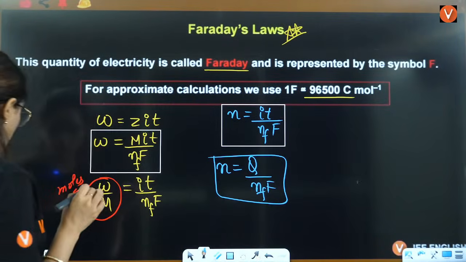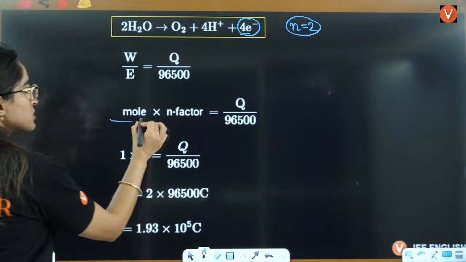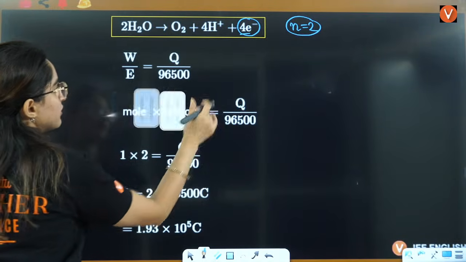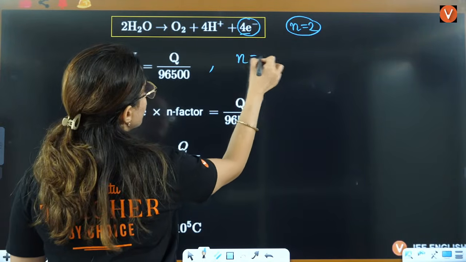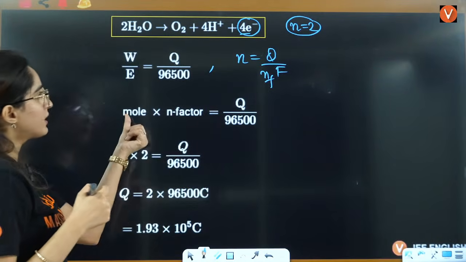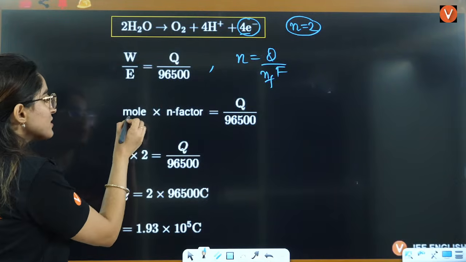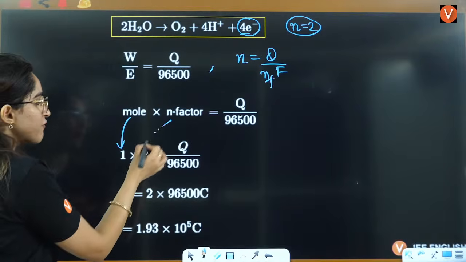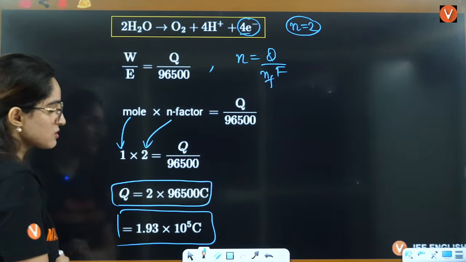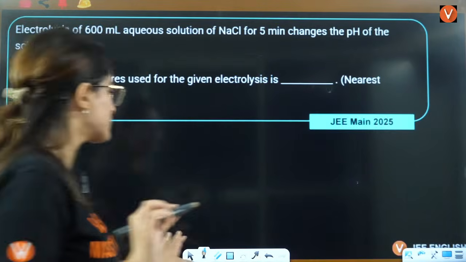You can write this as charge Q equals mole into N factor into Faraday, that is mole into N factor, Q by 96500. The moles are given as 1 mole of water, the N factor is 2, as we have calculated. You put in the values and you will get your answer here. Simple, easy peasy question.